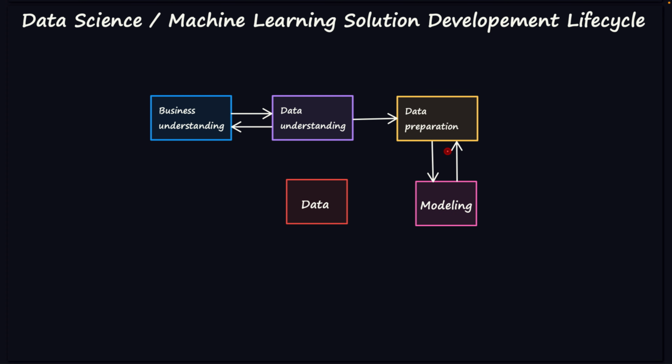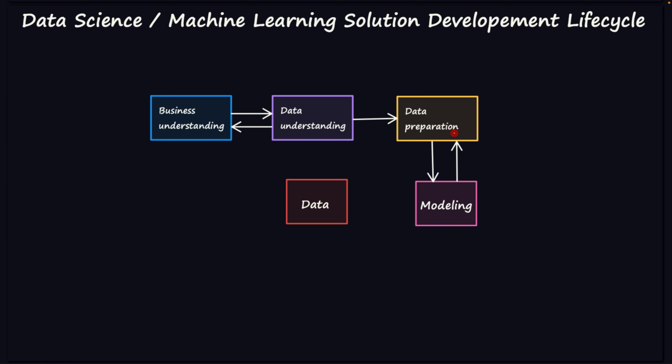Once this is done, we will move on to modeling. Modeling and data preparation are tightly coupled. We will go back and forth between these two steps to finalize the model that we are going to have to solve this business problem. We may choose a model and use the data that we have selected, and we might find that the data is not quite good, so we will go back to the data preparation step.